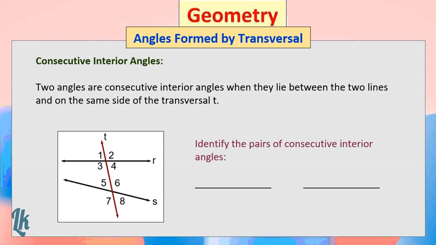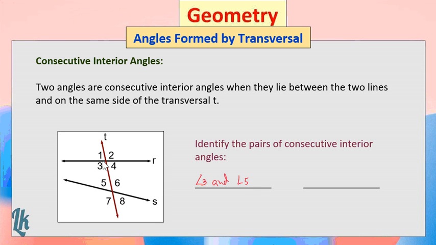Next, we have the consecutive interior angles. These are the two angles that are in the interior because they lie between the two lines, but they are on the same side of the transversal. So we have angle 3 and angle 5.